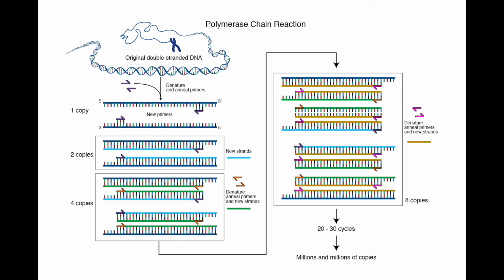This is advantageous because PCR can be done with small samples of DNA from crime scenes, and additional uses include identifying the biological parents of an individual and other instances outside of forensic science.